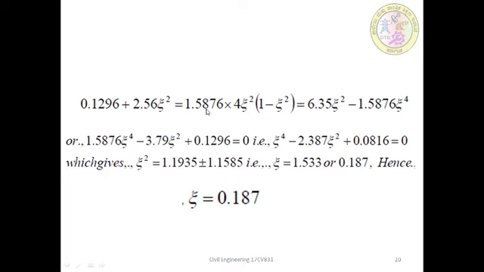After that you just rearrange the equation and solve for the damping ratio. Finally, after simplification of this equation, you will get chi is equal to 0.187, so the damping ratio is calculated as 0.17. So this is all about this example.